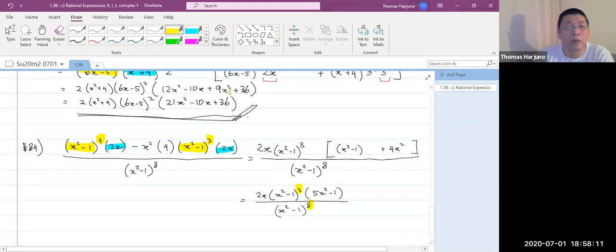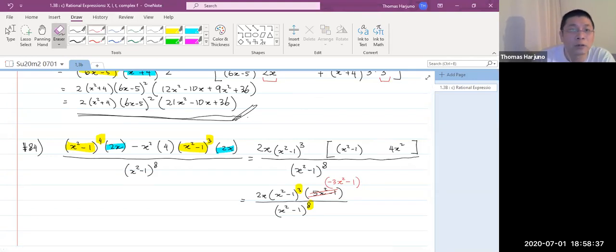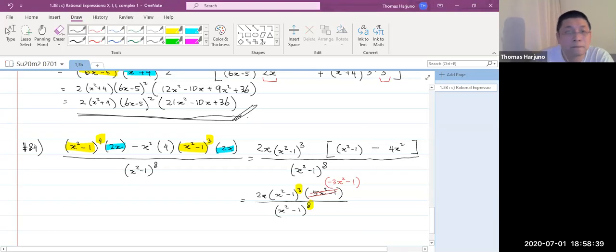I'm sorry, I made a mistake here. This should be minus. This should be minus. So this is wrong. This should be negative 3x squared minus 1. Let me just erase that. That's the good thing about having an eraser here. I missed the sign here.